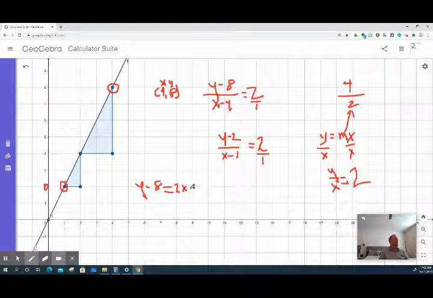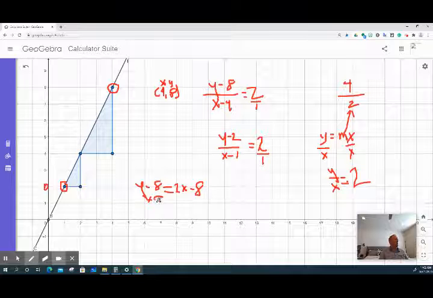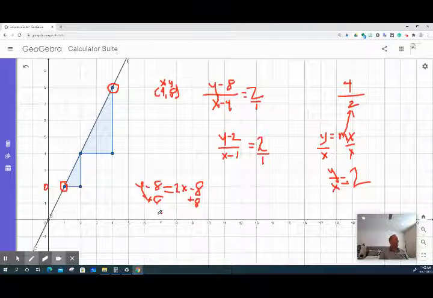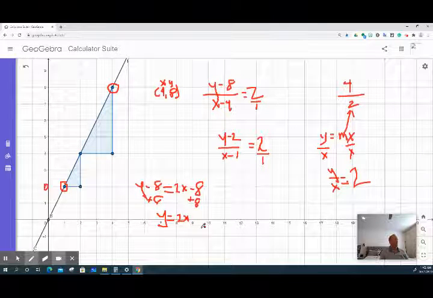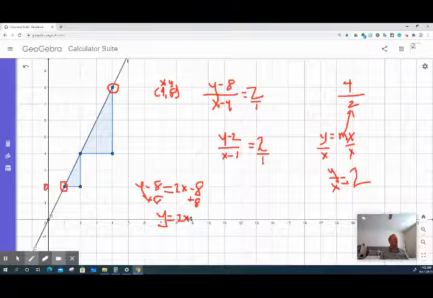And 2 times negative 4 is negative 8. Okay. So simply stated, now we want to get y all by itself. So we're going to add 8 to both sides, add 8 to both sides. I get y is equal to 2x. Interesting. So it's a proportional line this time, and it has a y-intercept of 0, but we'll talk about that later.